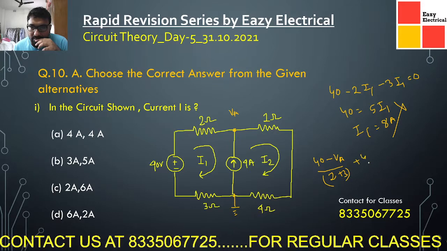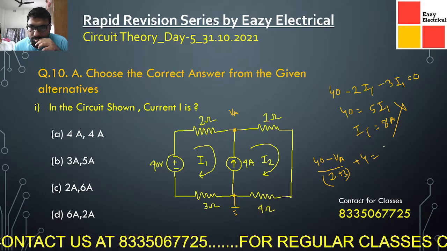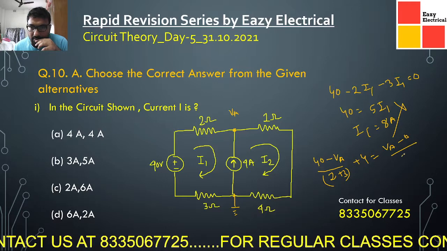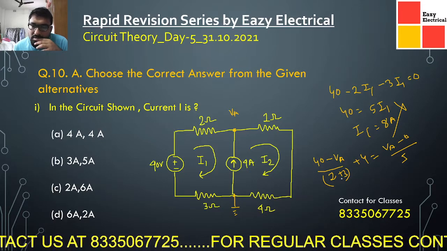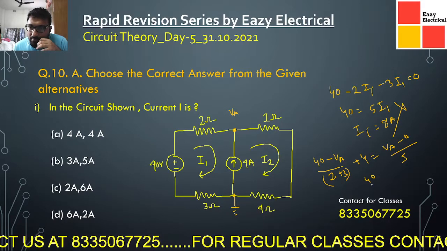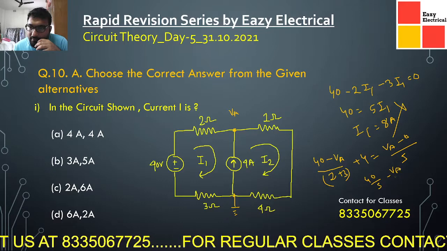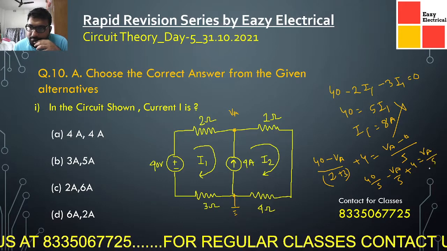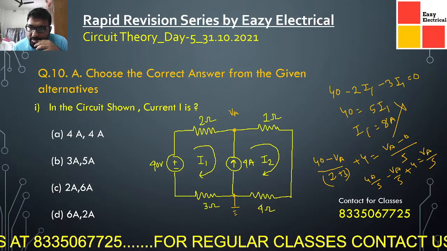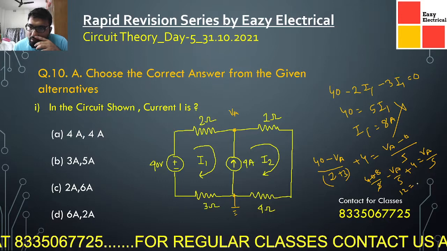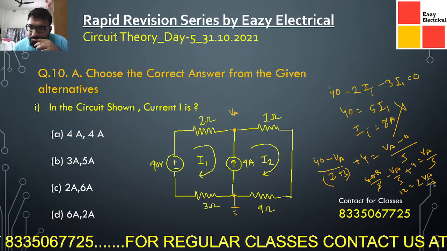Plus 3 plus 4, that will be equal to VA minus 0 divided by 5. 4 plus 1, 5. So in this case, 40 minus VA by 5, so 40 by 5 minus VA by 5 plus 4 is equal to VA by 5, we can write. So from this, this comes out to be 8 plus 4, that is 12. 12 is equal to 2 VA by 5, right?